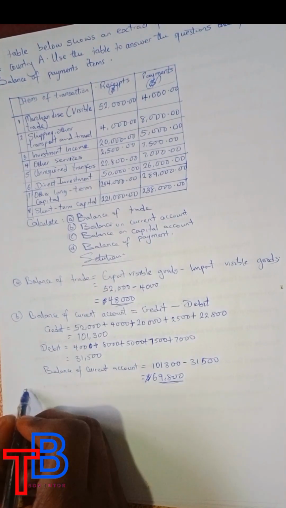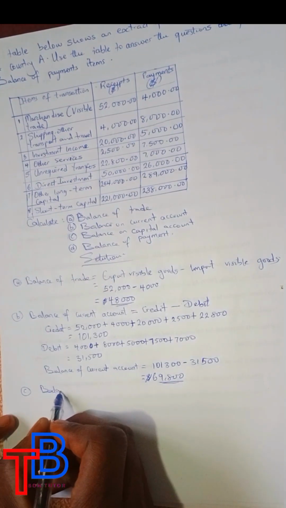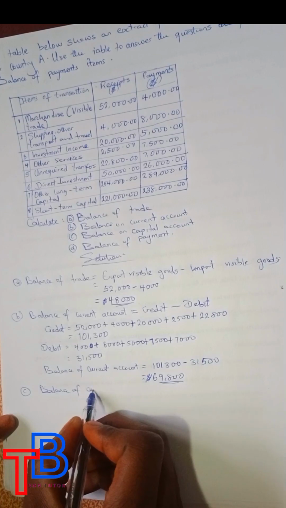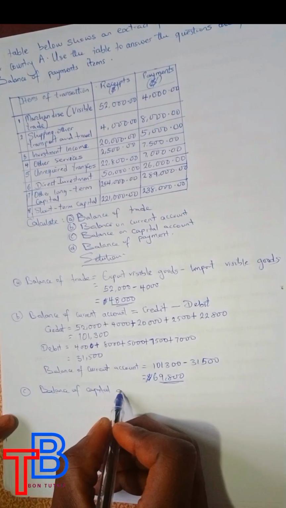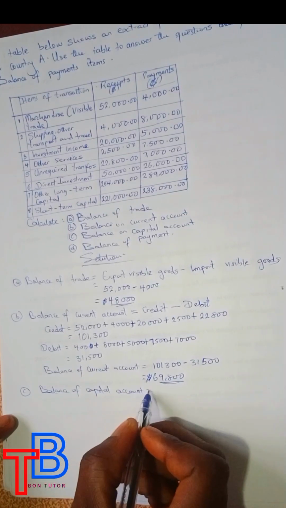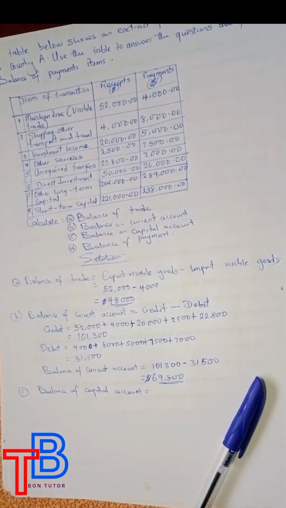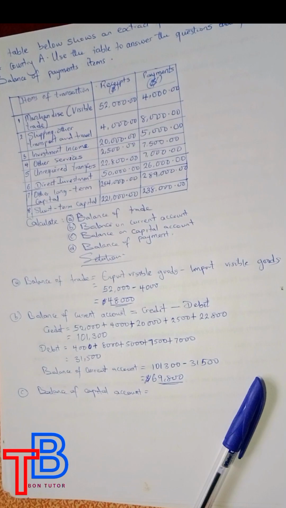So when we're talking about the balance of capital account, it deals with change of assets, investment in land, anything that deals with assets, maybe land, maybe properties, maybe exchange of resources, and all those things.